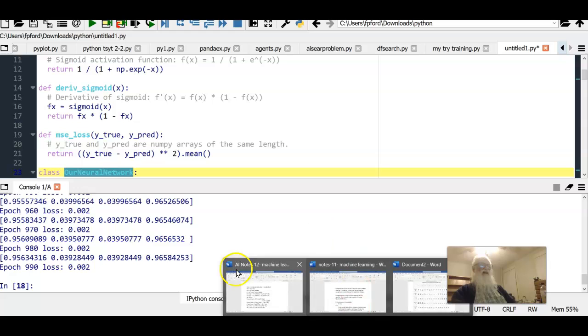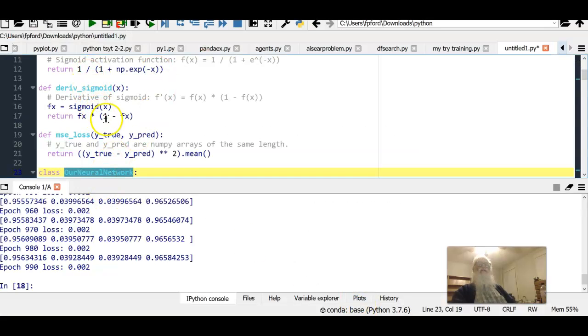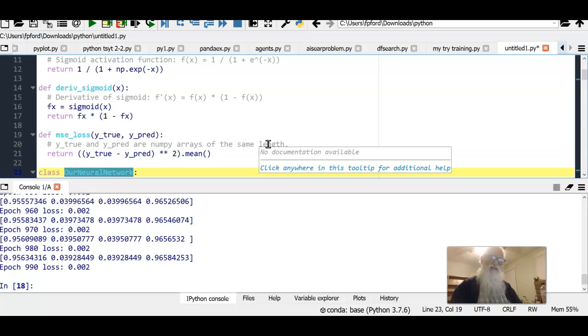In what I talked about last time, this was the measure of how good or bad the result is. The method that most people use is called the mean square method. And it's very easy. It says, take the true ones, the correct results, subtract the results that you're getting, and square it so that you don't end up having negatives.